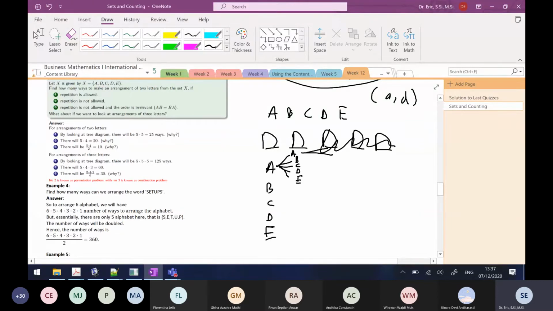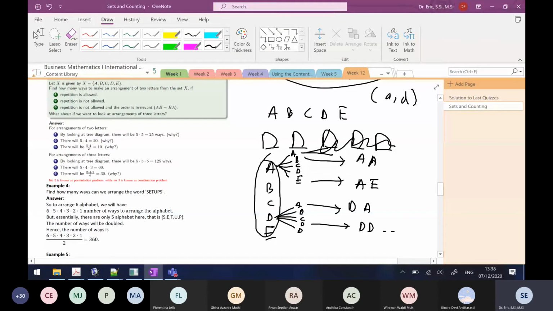So how many ways can I choose for the arrangement? This is DA, this is DD, and so on. So you have 5 branches, and every branch you have 5 branches. So you have 5 times 5, that is 25 ways.